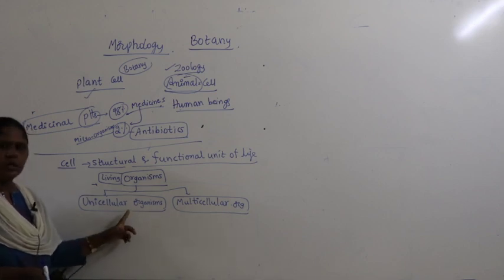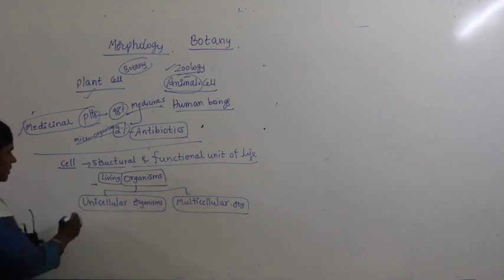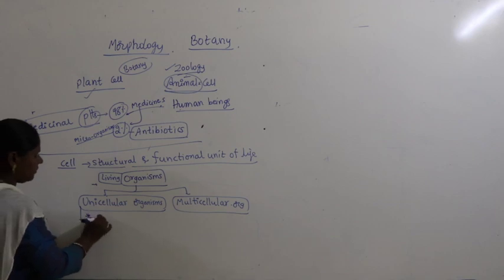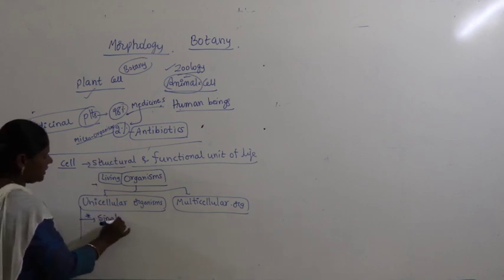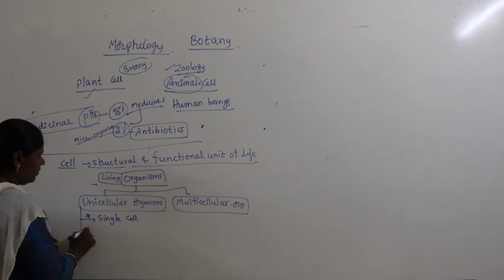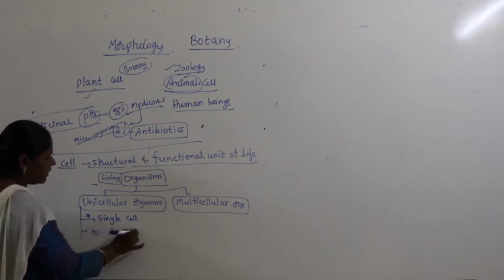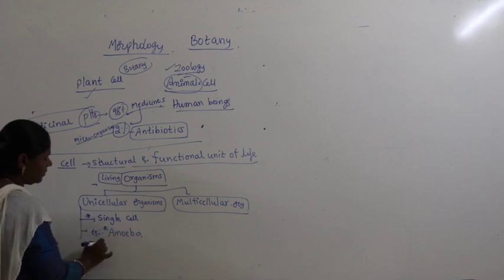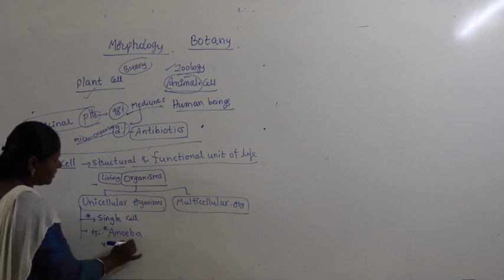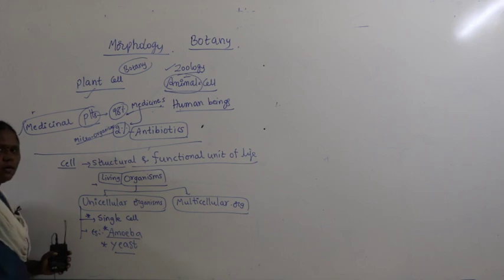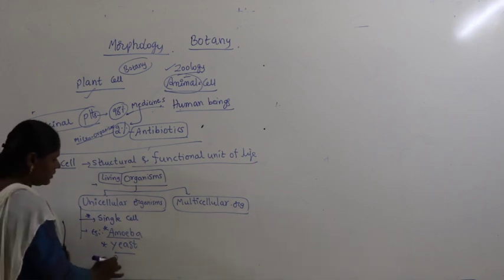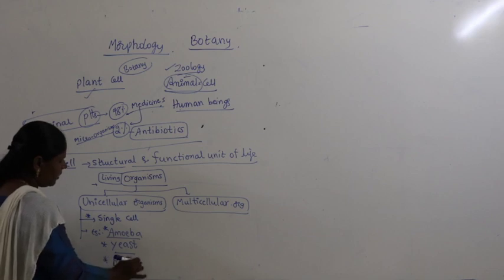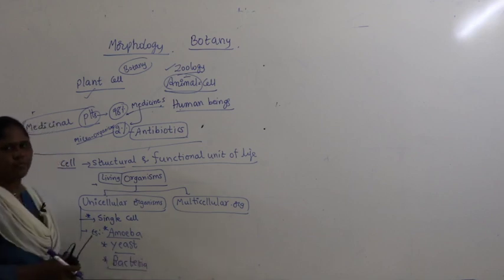Unicellular organisms means they have a single cell, only one cell is there, and you can take the best example. You are very familiar with the example called amoeba, yeast, right. There are so many unicellular organisms, even microscopic organisms, the most familiar one being bacteria, right.